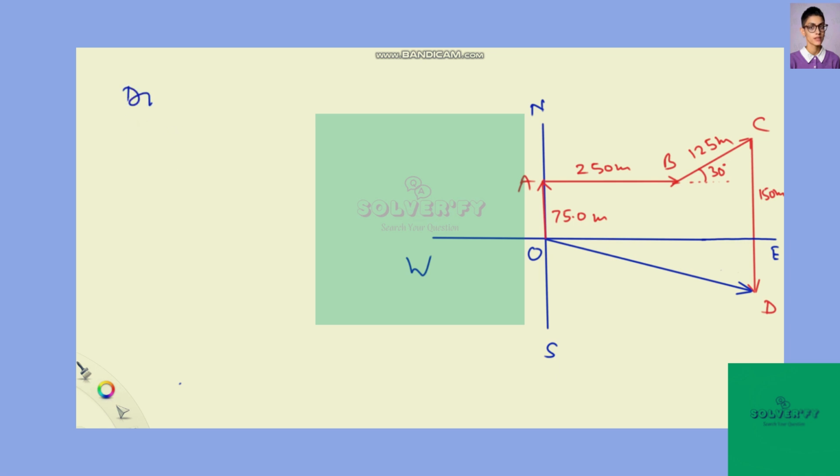So first of all the distances moved by the Spelunker are as drawn here.